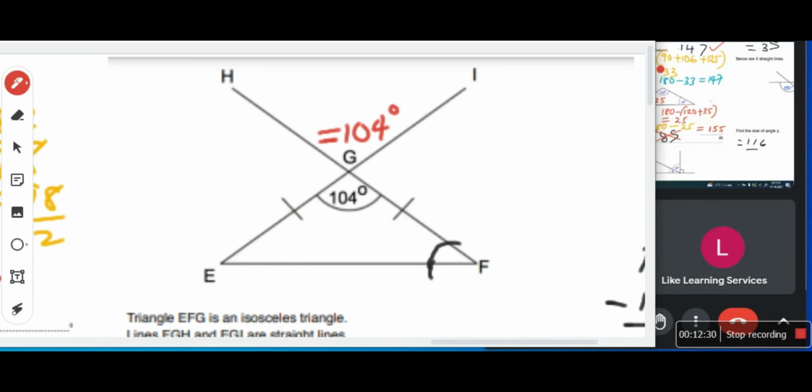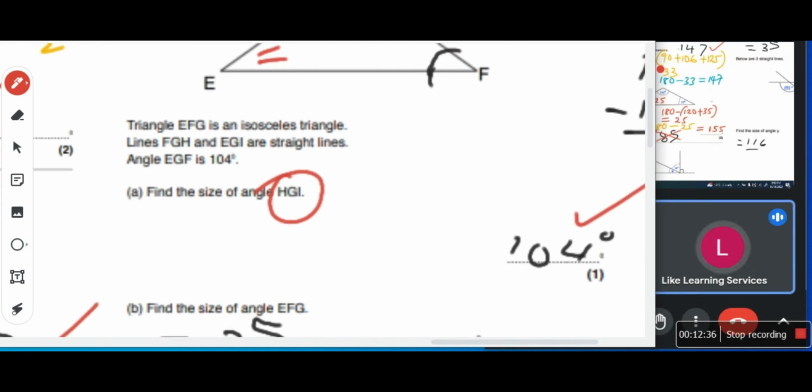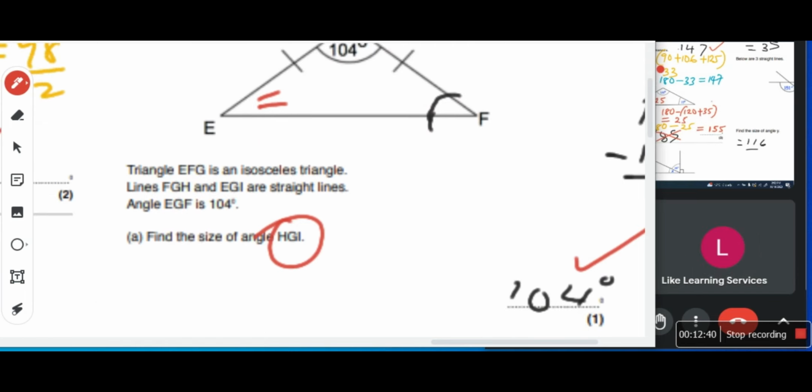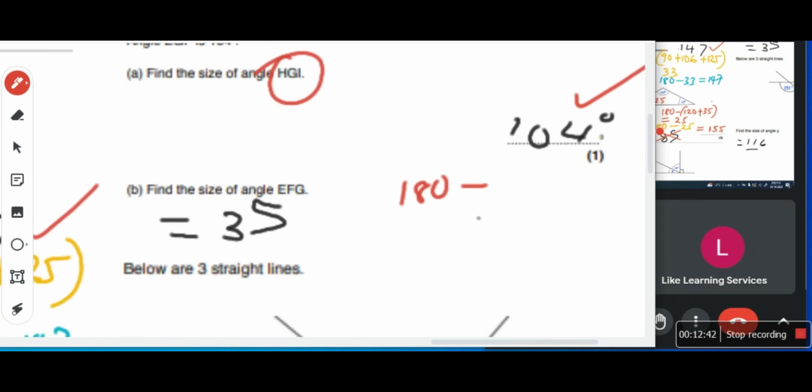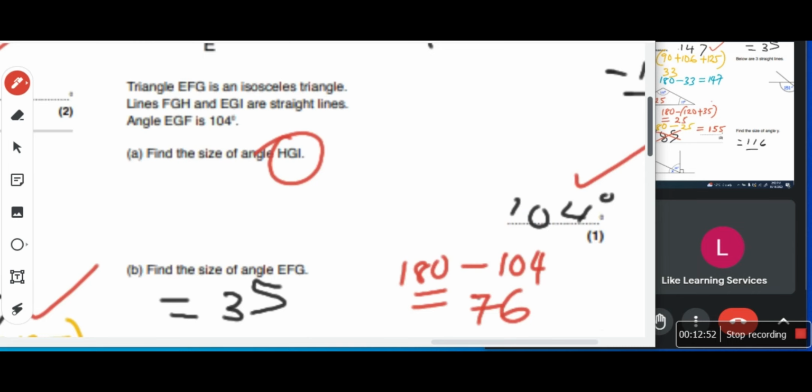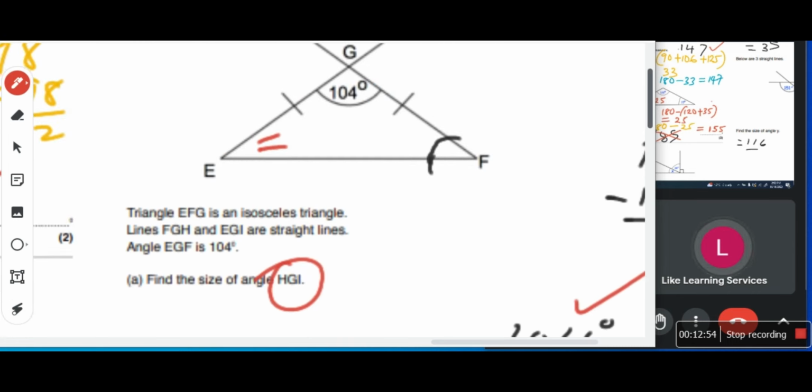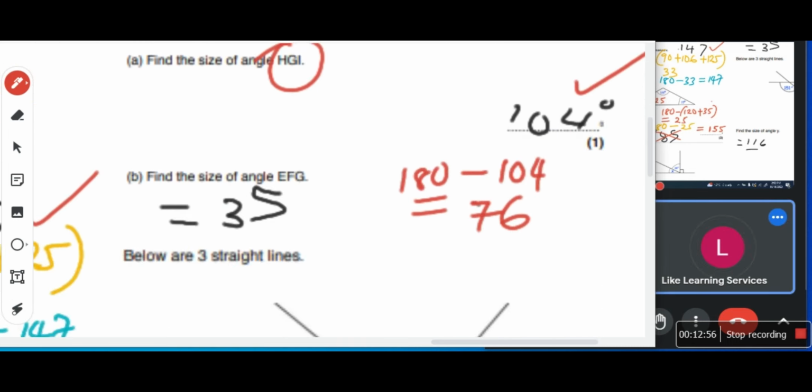So to get this one, we need to do 180 minus 104. I think what you got was 76. I see you made a mistake. 180 minus 104, you got 76, and you divided by 70.